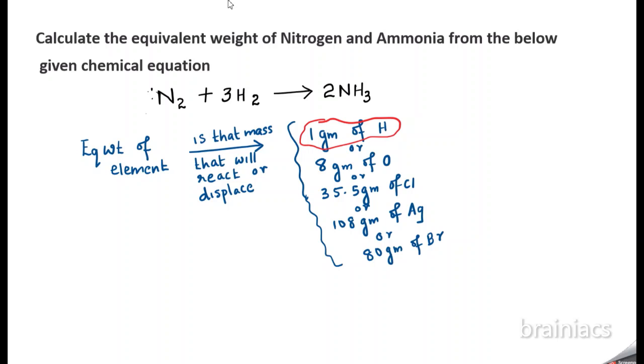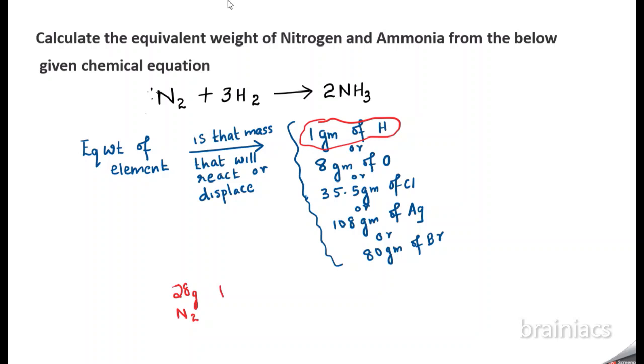Now listen here. As per the equation, N2 means how much gram? You know that N2 is 28 gram, correct? So 28 gram nitrogen. And you could see 3 moles of hydrogen. H2 means 2 grams, so 2 into 3, 6 grams.